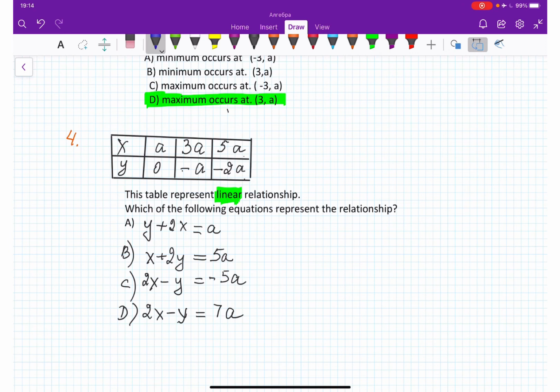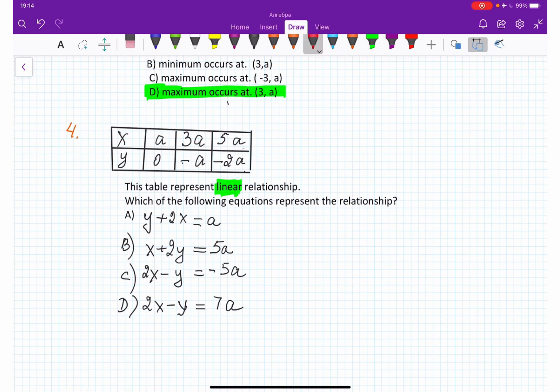Okay, so to represent the relationship, first we need to know that the linear equation based on slope and intercept is y is equal to mx plus b. To find our slope m, we need 2 points, right?